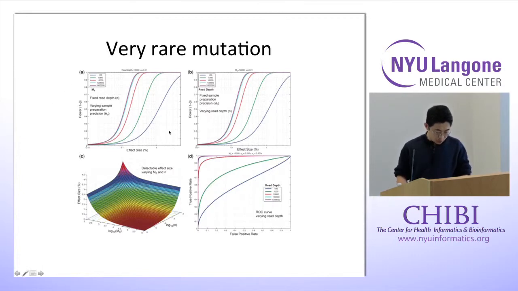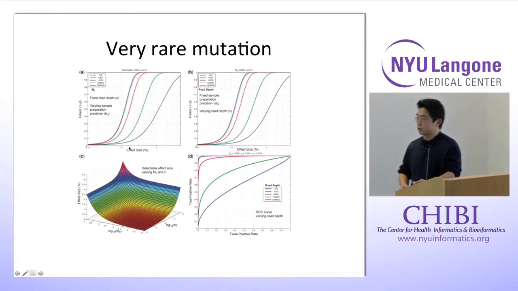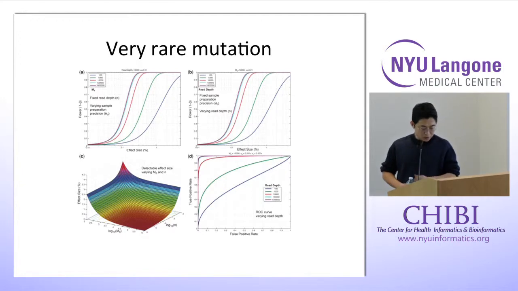So if we fix the technology accuracy and then evaluate how much coverage we need to discover very rare mutations, we see these different curves that show that we can actually discover very rare mutations at a reasonable power at as low as 0.1% of the mutations. So this is for exome sequencing.